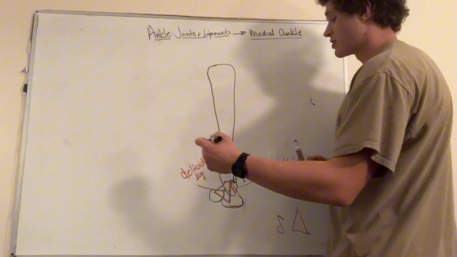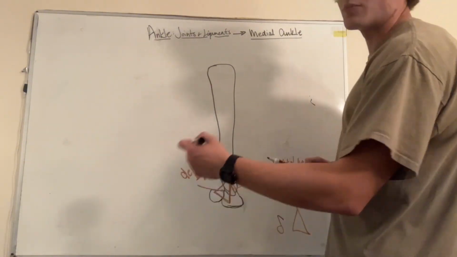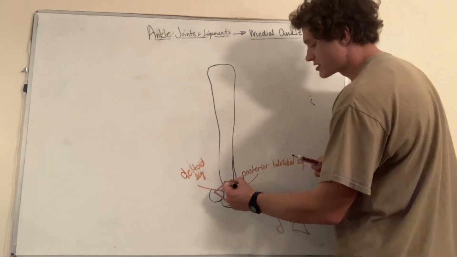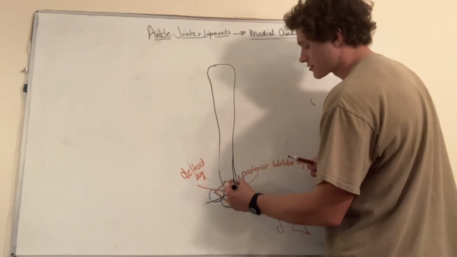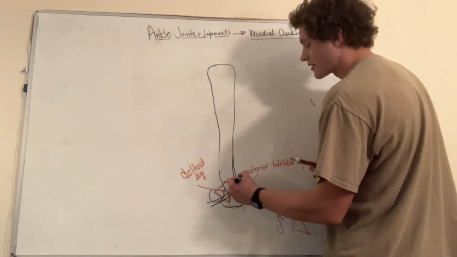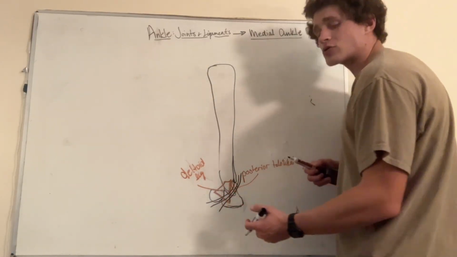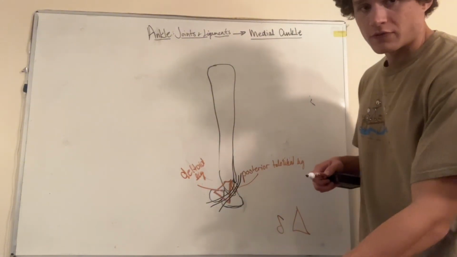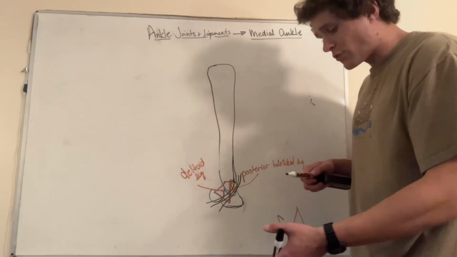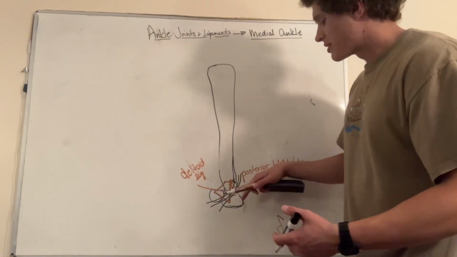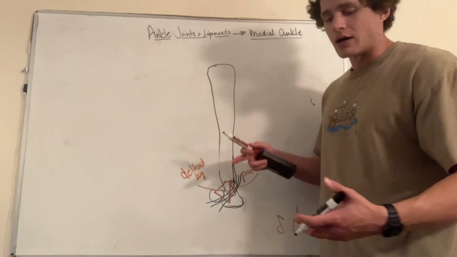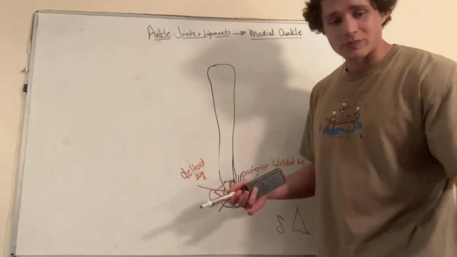These tendons, which as we talked about earlier, Tom, Dick, and Harry, the tibialis posterior tendon, the flexor digitorum tendon, and the flexor hallucis longus tendon also swoop down beneath the arch of the foot, and play a role in helping to support not only these medial ankle joints, but also the arch of the foot.